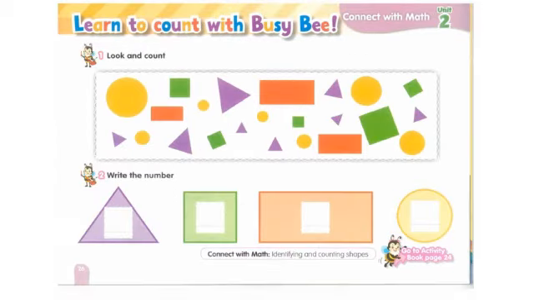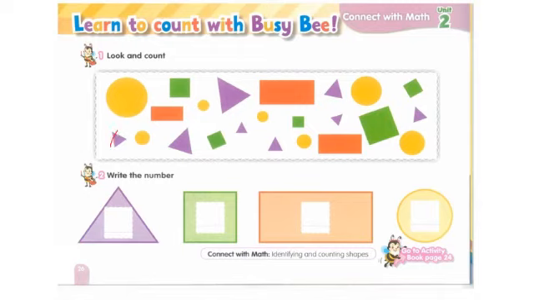Okay, next page. The exercise here says look and count. And the second says write the number. We're going to look at each shape, count how many of this shape are there, and then write the number. Okay, the first shape we have here is the triangle, right? Let's count how many triangles we have. And when we count, remember, please cross out.